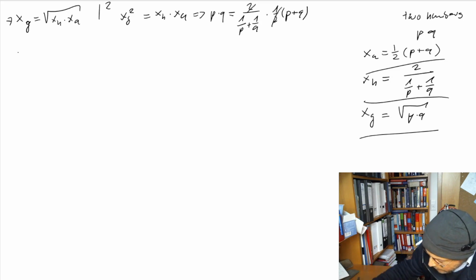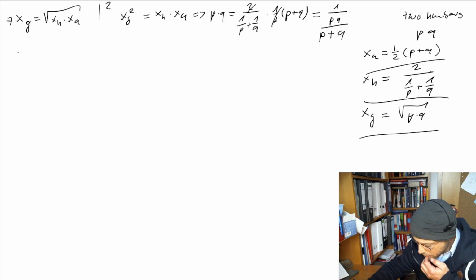The 2 cancels, and here we get 1 over p q over p plus q.